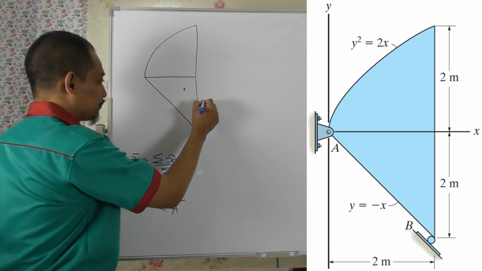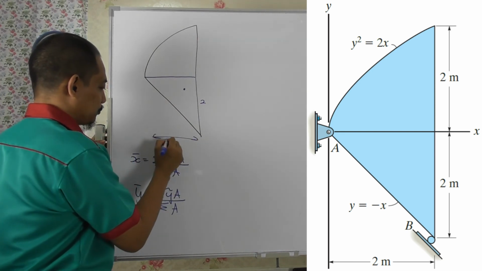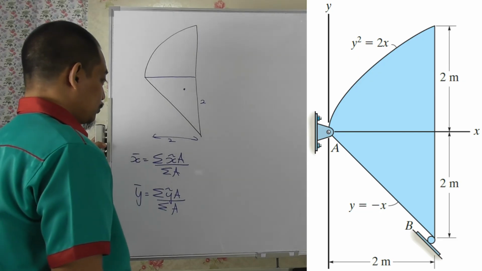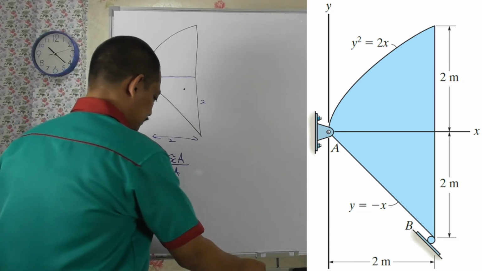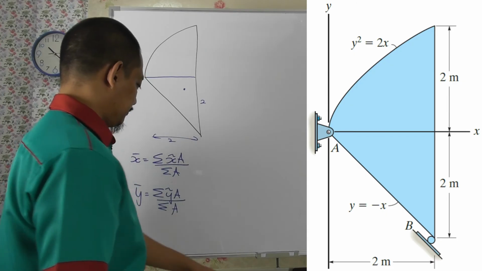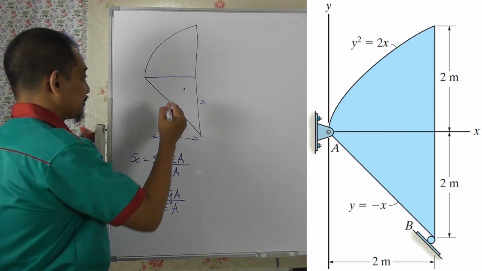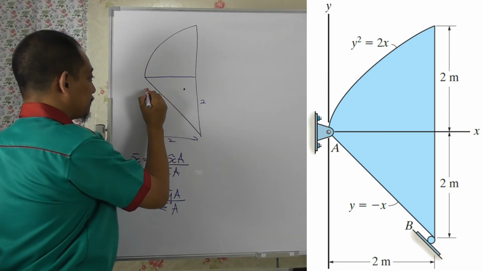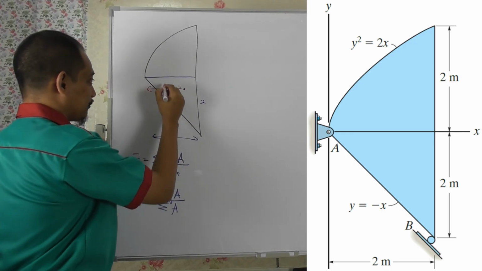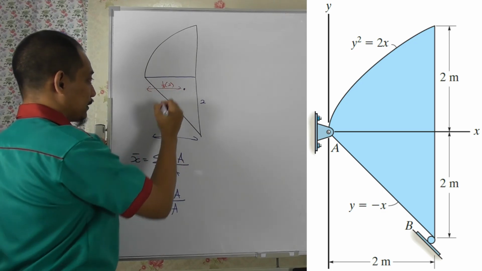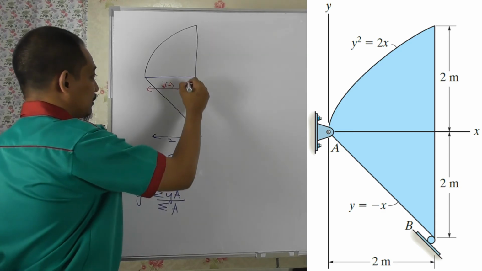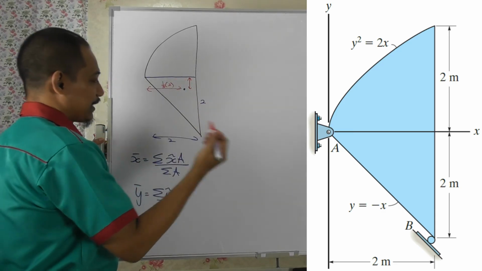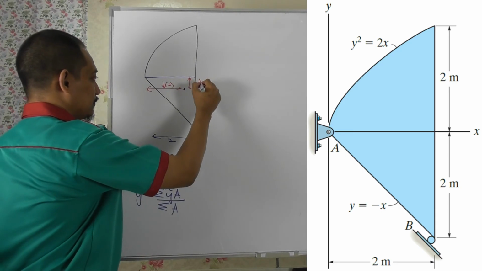Because this is 2, and this is 2 as well, right? So in terms of that, the coordinate of the centroid of the triangle is just this x coordinate, it should be 1/3 of 2, right? And then the length first is 1/3 of 2.